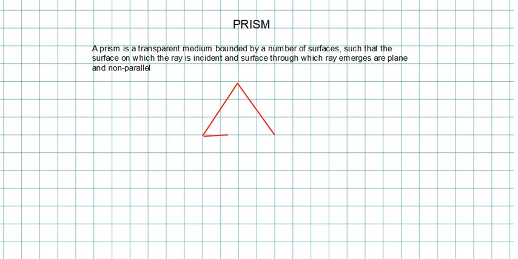This triangular shaped object is called a prism. Right now I am showing you only the front face of the prism. Okay, let me show you some other view.